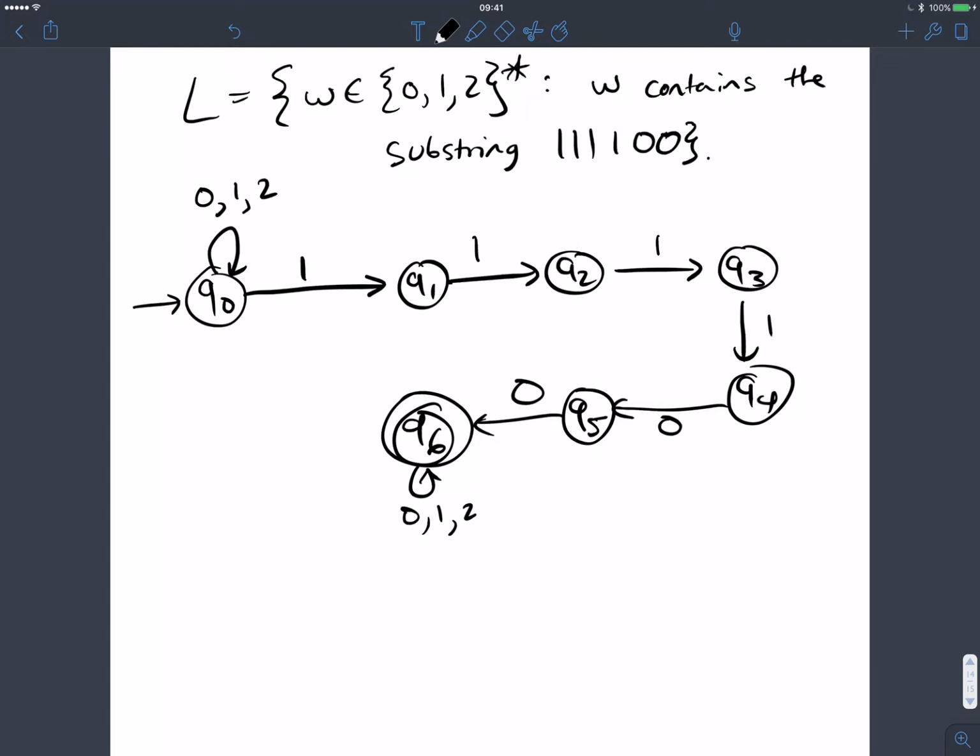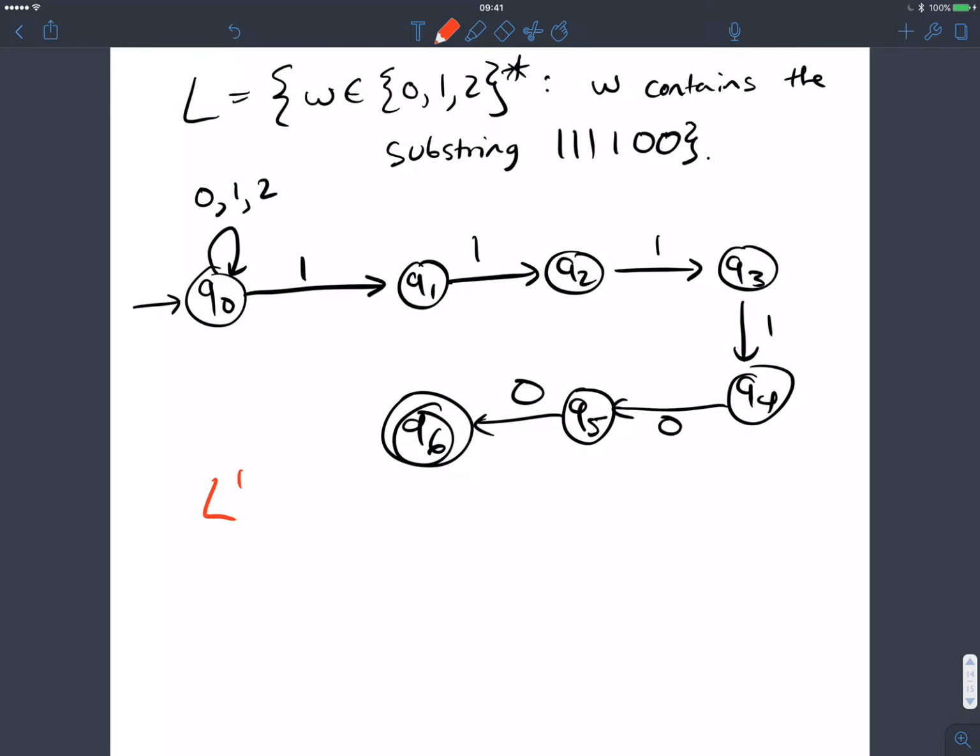So just as a recap, just spawn off characters at the beginning because I don't care what happens before, and then just non-deterministically choose, just start reading the characters of the particular substring, and if I make it all the way to Q6, I don't care what happens after, in which case I'm done. Suppose I did this. What I did was axe the last self loop. What is the language now? Ends in that.